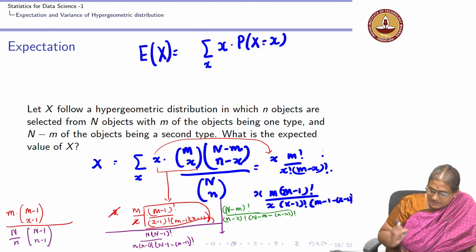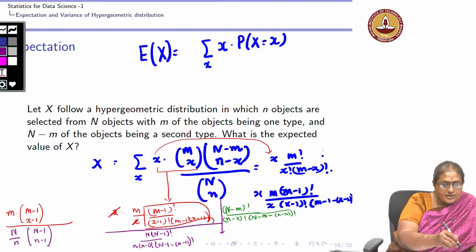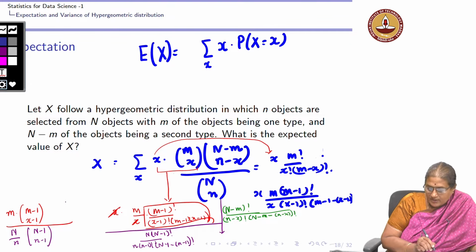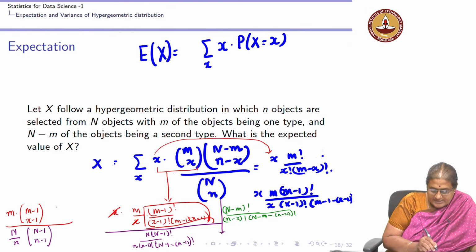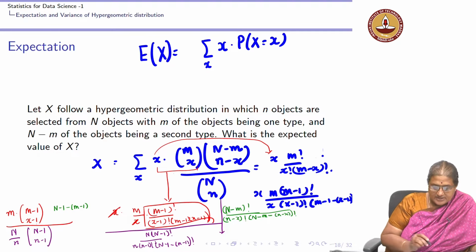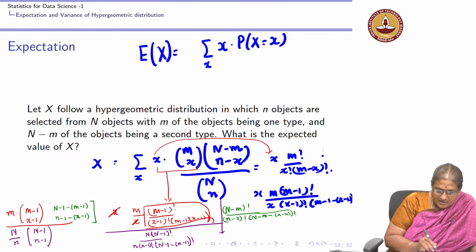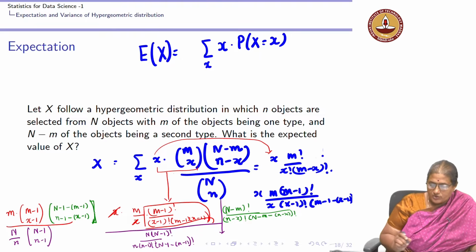Now, the green portion, I can again look at it as N minus 1 minus m minus 1, that is just my N minus m factorial. Similarly, I can write this as n minus 1 minus x minus 1. I can put that as a combination.